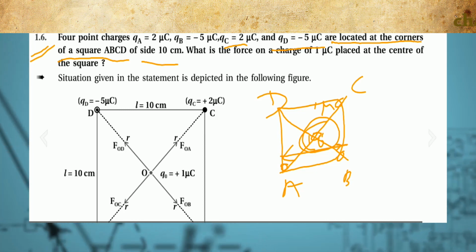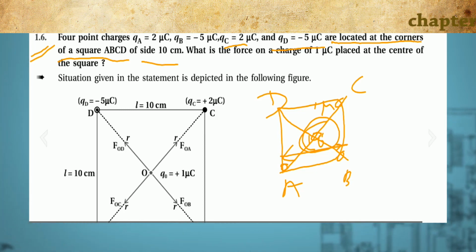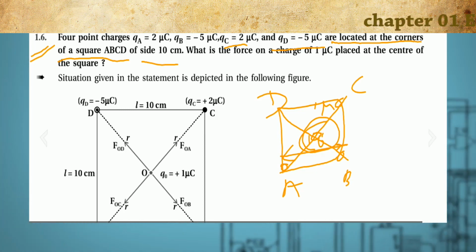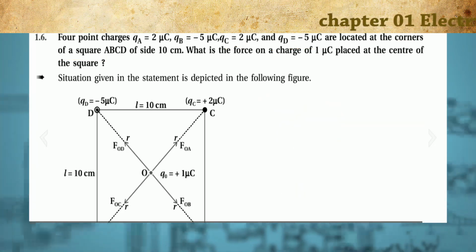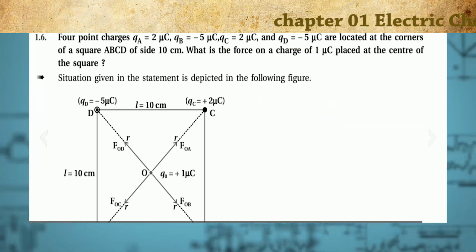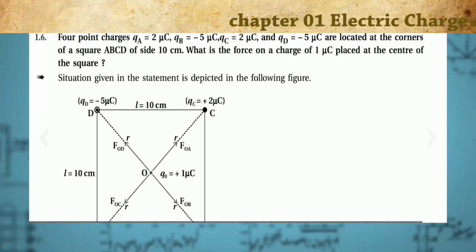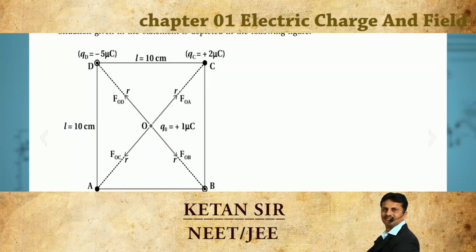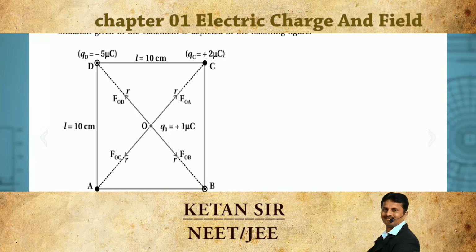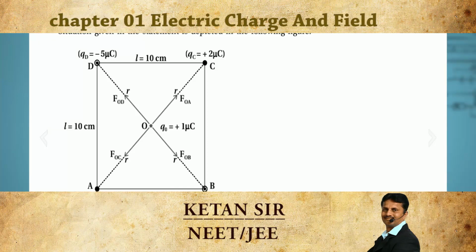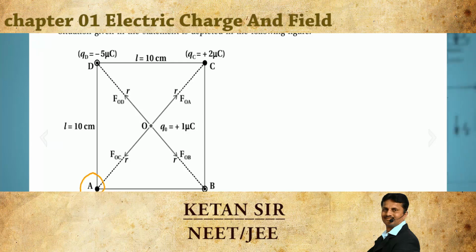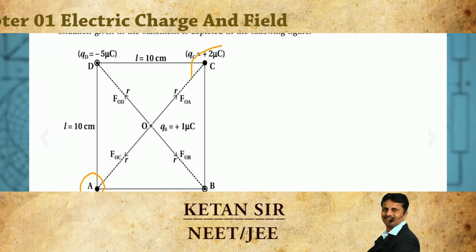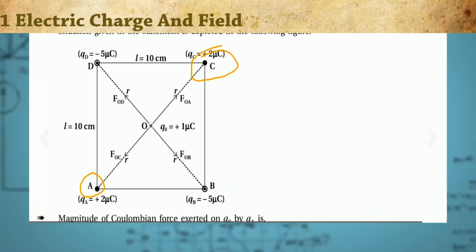That is also based on multiple Coulombian forces, which is one kind of superposition, but we use another technique other than superposition for the calculation of these questions. You are putting 4 charges. Charge A is plus 2 μC and the opposite charge is also plus 2 μC.